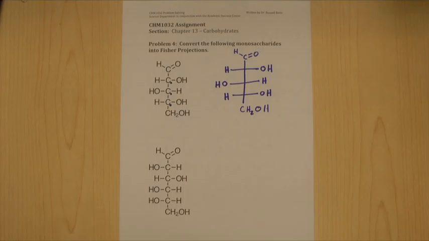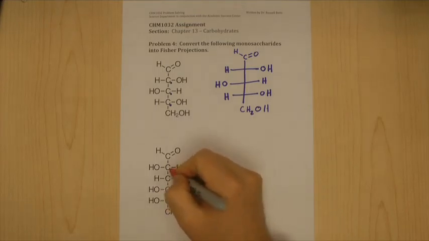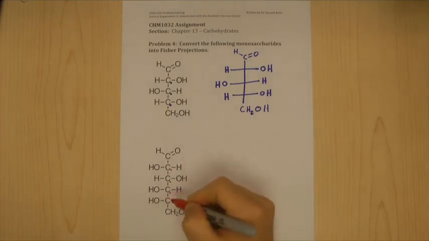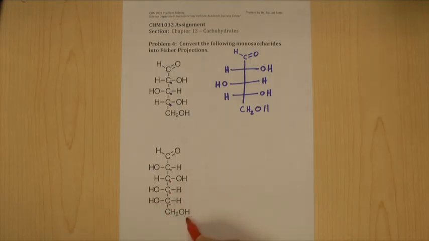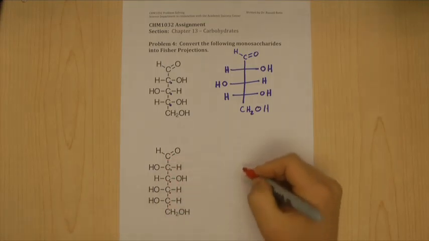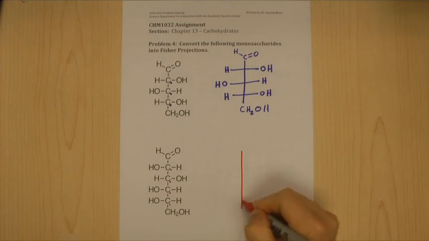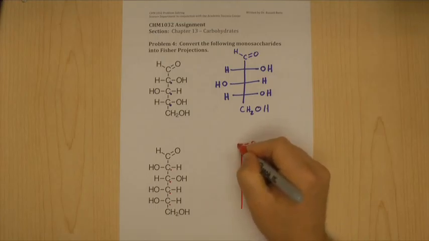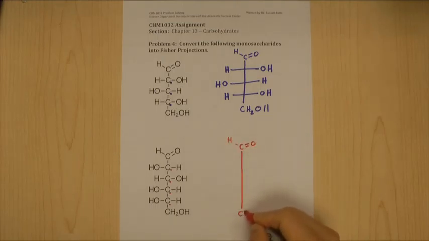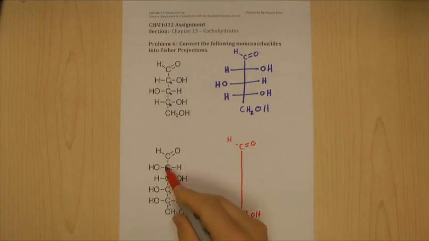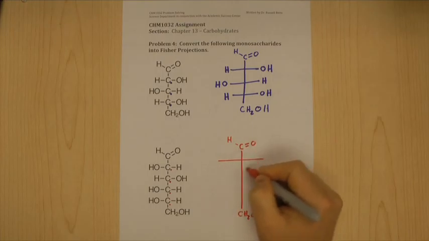Let's first identify the chiral carbons. Here, here, here, and here. CH2OH is not chiral. Draw your line straight down. Draw in the aldehyde. Draw in your CH2OH. And we have 1, 2, 3, 4 carbons, so we'll draw 4 perpendicular lines.